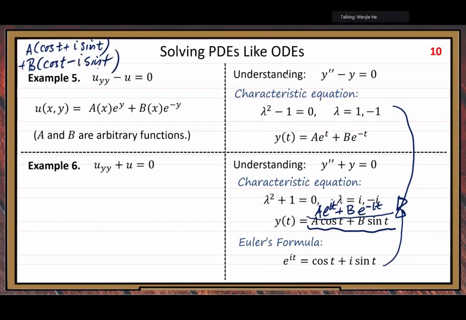Then we can combine the terms. When we combine the terms: A plus B times cosine of t, plus i times A minus B times sine of t.